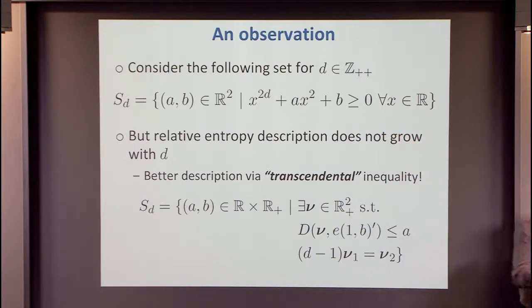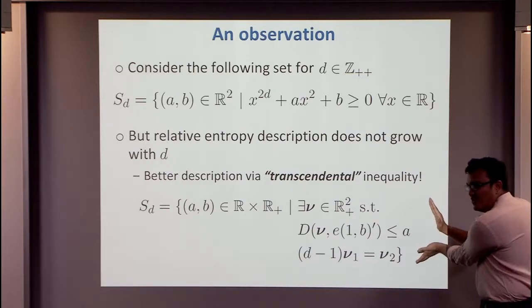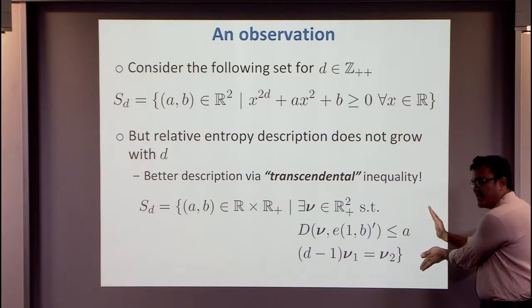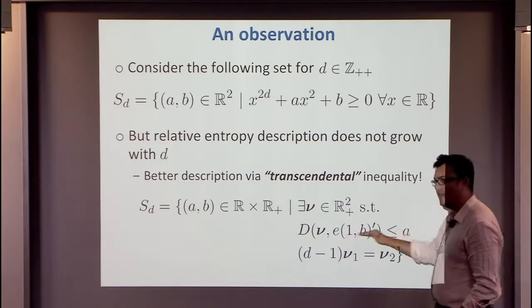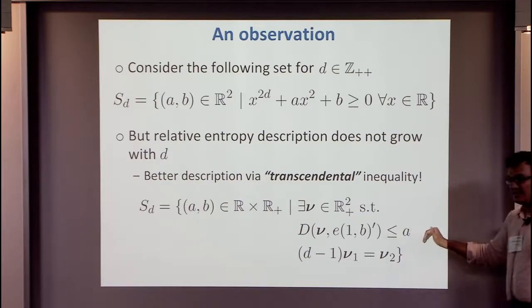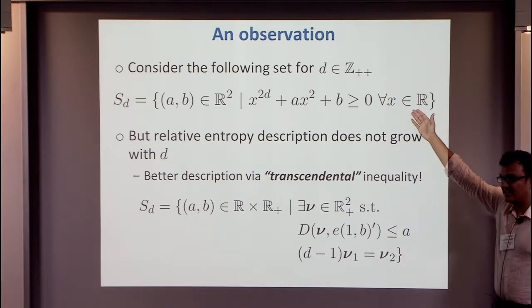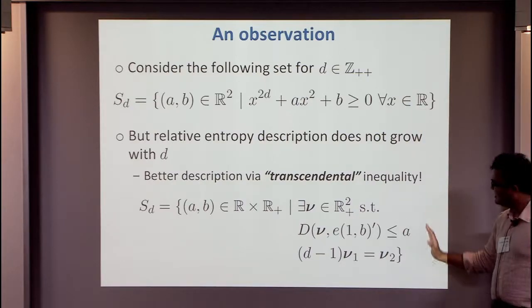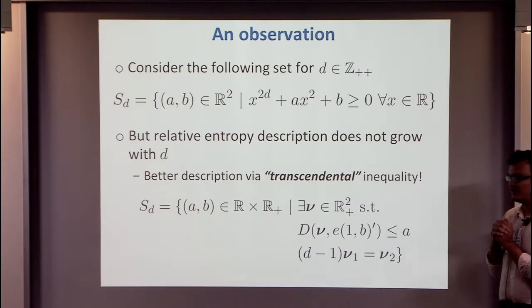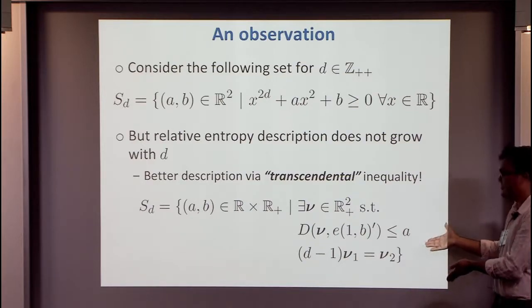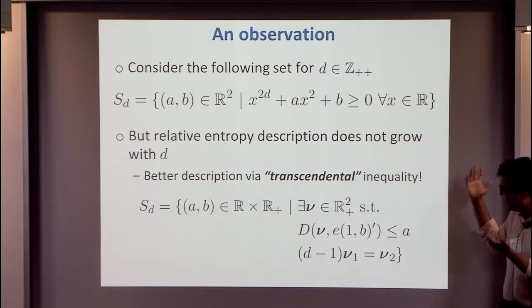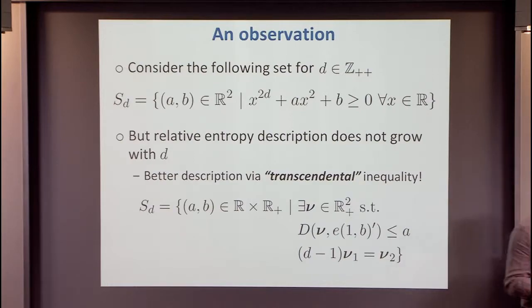So we have a convex semi-algebraic set that's semi-definite representable, contrived of course, but it makes a point: you have a lift-and-project method where the lift involves something fundamentally non-algebraic. When you project it down, you get something semi-algebraic. But the non-algebraic structure upstairs leads to a much more efficient description that does not grow in size with D of the original set.